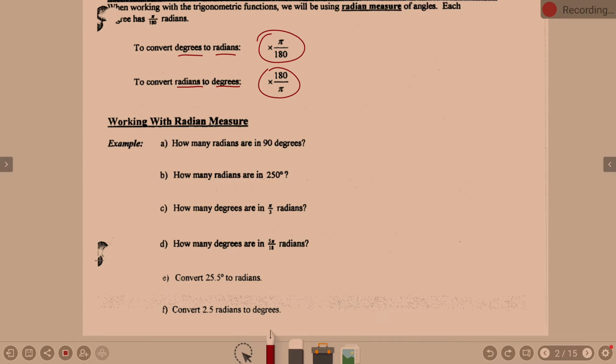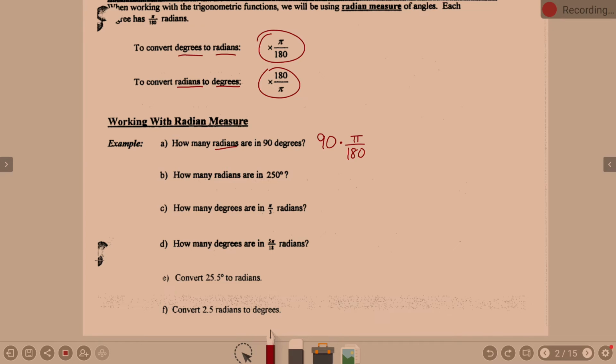How many radians are in 90 degrees? So how am I going to go from 90 degrees to radians? Times pi over 180. Okay, so officially, we're going to take 90 degrees, and since we're trying to get to radians, we're going to multiply by pi over 180.